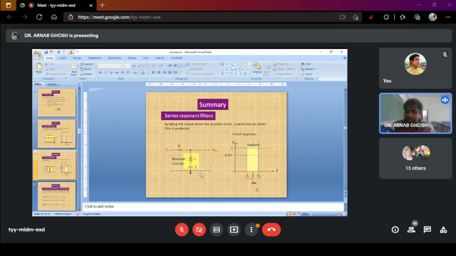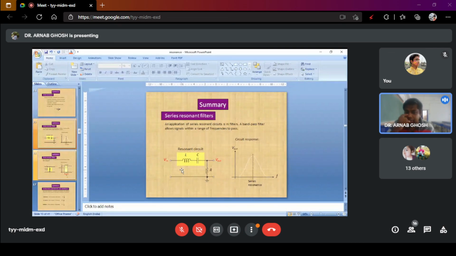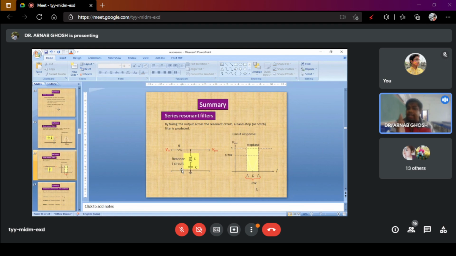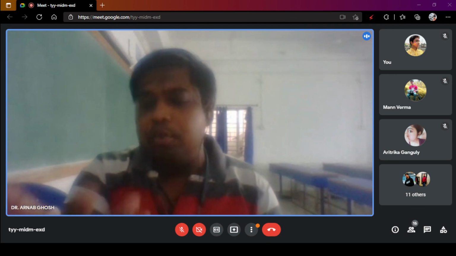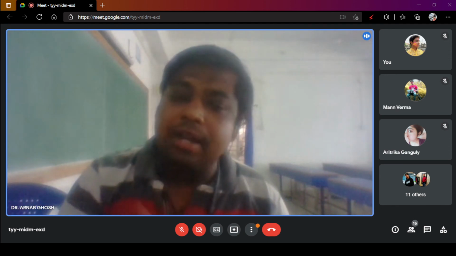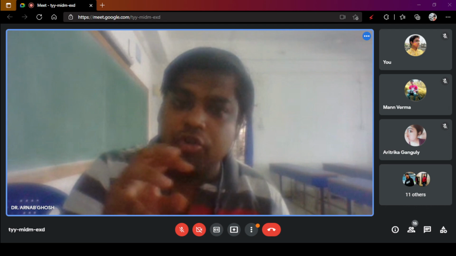This is the structure of a resonant band pass circuit, and this is the structure of a band reject filter. Just see the orientations. In the band pass, L and C are in series in horizontal condition with R, and here L and C are between the output terminals and V is at the input terminal. These are the structural differences between the band pass and the band stop filter. So this comes like a 2 marks question: draw the circuit of a band pass filter. So you have to draw it.